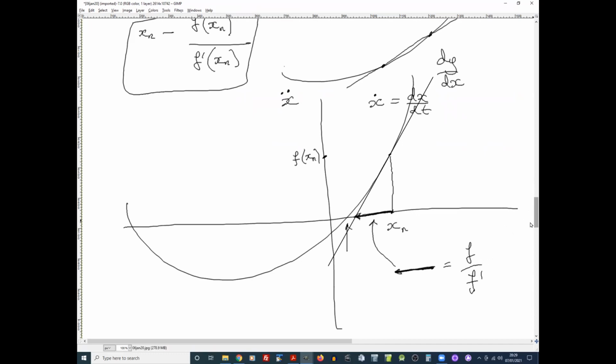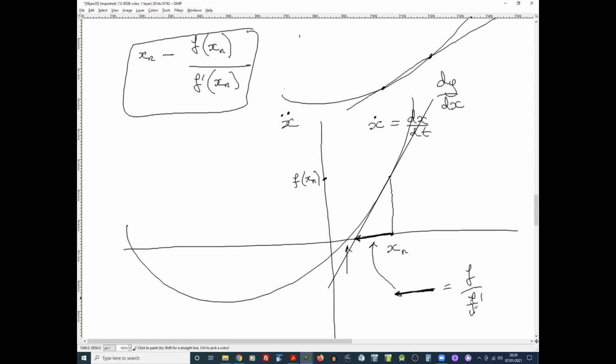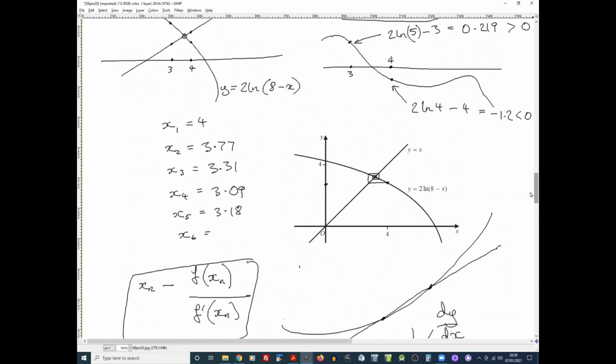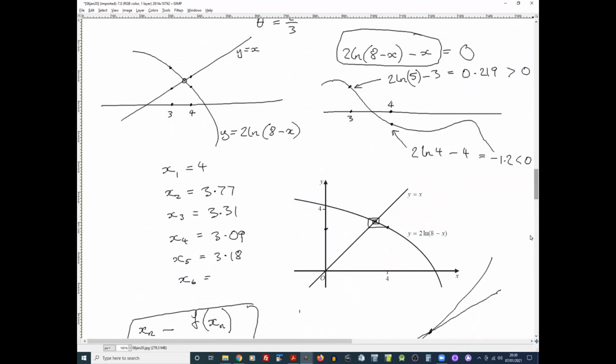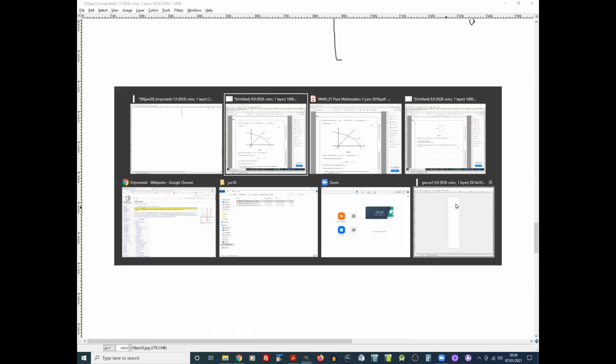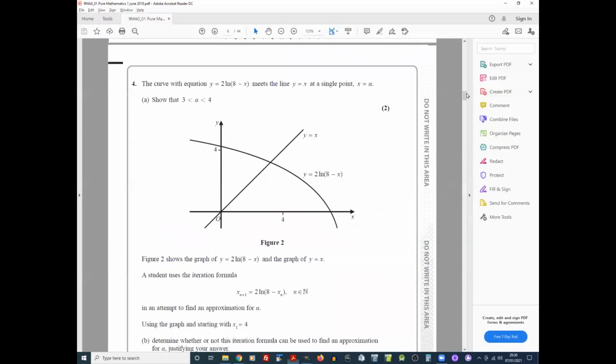Exactly. And presumably it's for related reasons that a very small denominator would also make it explode or be unreliable in some way. I haven't really thought about that too deeply. But that's roughly the principle. Okay, and that's that one.